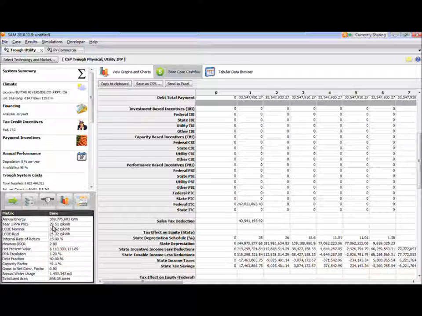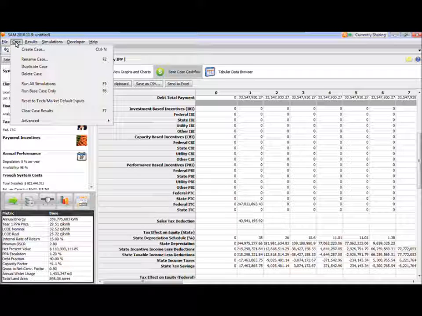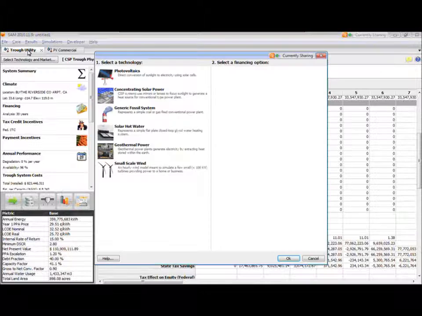One interesting thing that we can do in SAM is to compare different technologies. So we just did a comparison between utility and Trough. What happens if I build a PV system at this site instead of a Trough system? So to answer that question, what I would do is create a new case. On the case menu, click Create Case.